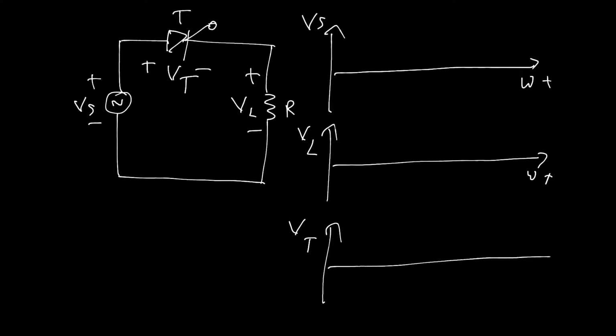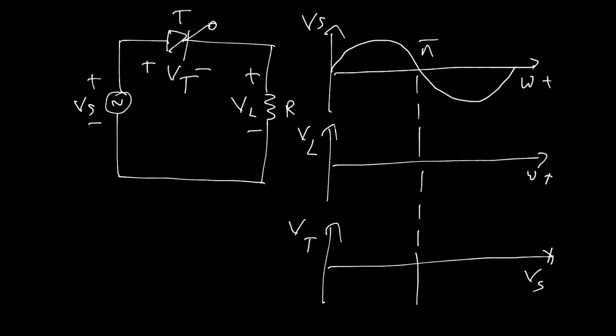As we are using Vs, we can draw a sinusoidal wave, and this part is pi, and consider this is 2 pi. That means we consider a fundamental cycle of 2 pi.